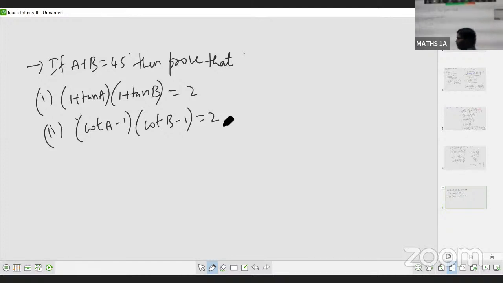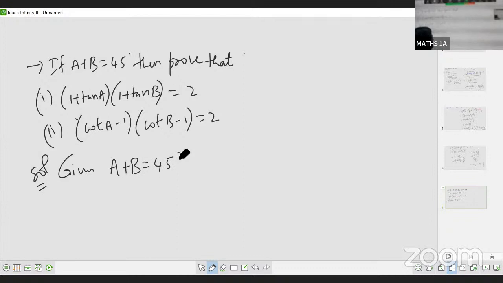Is it clear? Now, see here, what he has given is a plus b equal to 45 degrees. First bit, in order to prove, apply tan on both sides. I'm talking about the first bit.